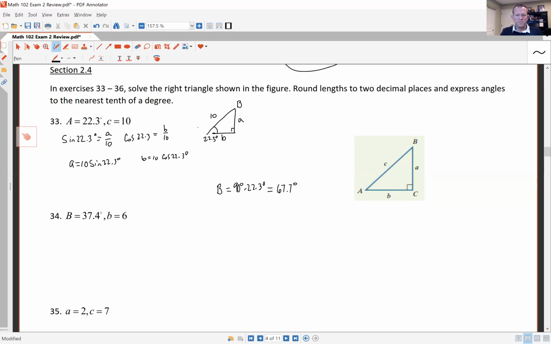So you pull out a calculator and calculate these, and we'll get A is approximately 3.79, and B is approximately 9.25 when rounded.